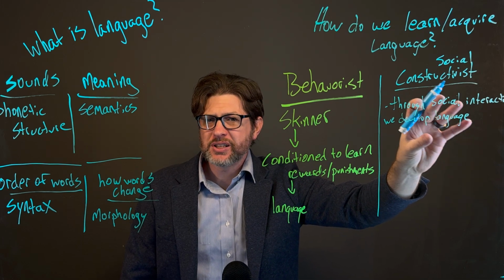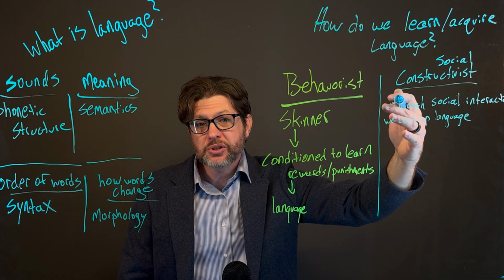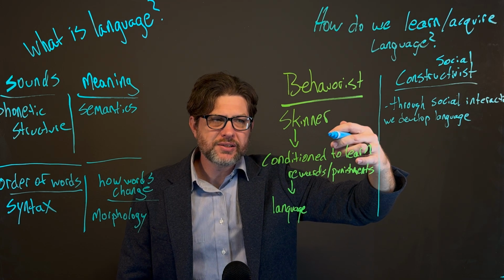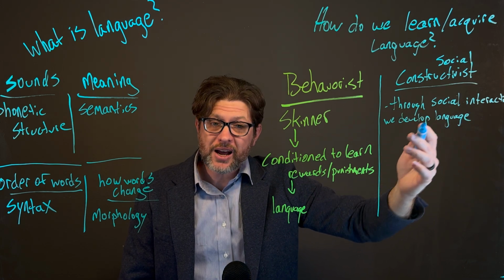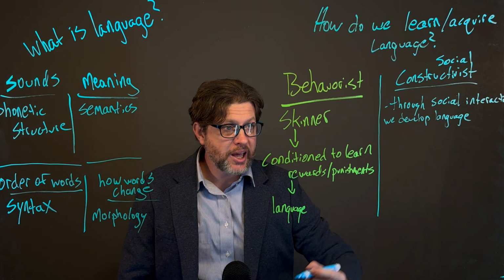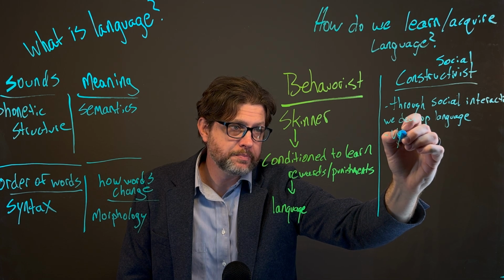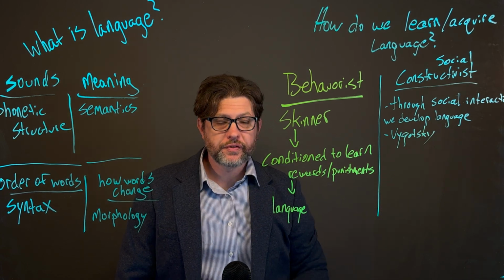In order to facilitate that social interaction, we've developed language, and language helps us to continue to facilitate culture, and through our social interactions, this is how we develop language. The primary voice in this area is our friend, Mr.